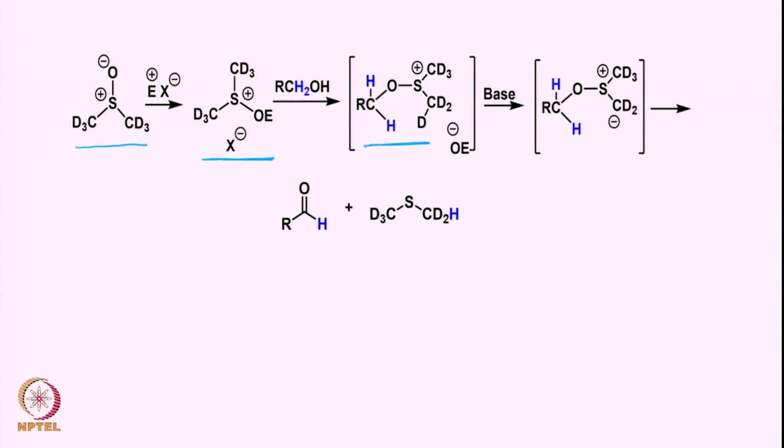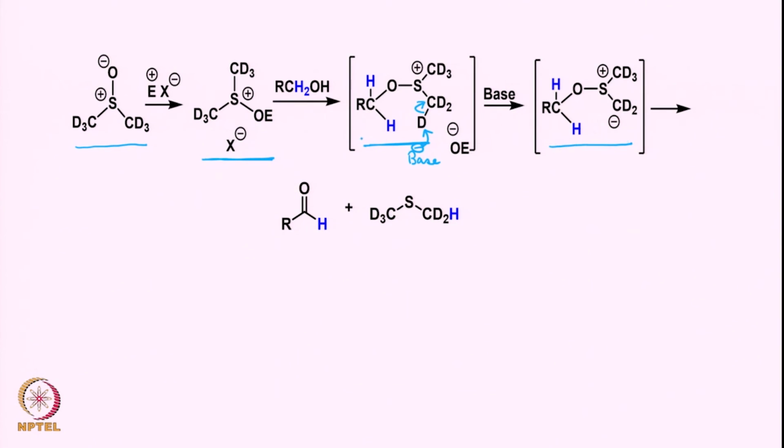Now, if this reaction occurs in a similar fashion as we have discussed, the deuterium present on the carbon atom attached to sulfur gets deprotonated, then the base will pick up the proton from here, and you will get an intermediate of this kind.